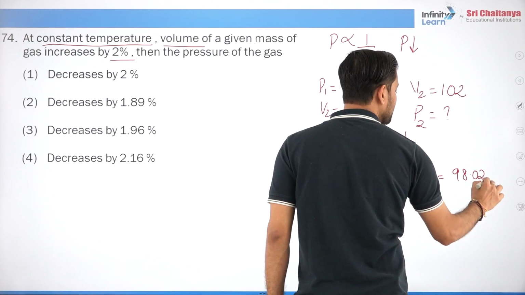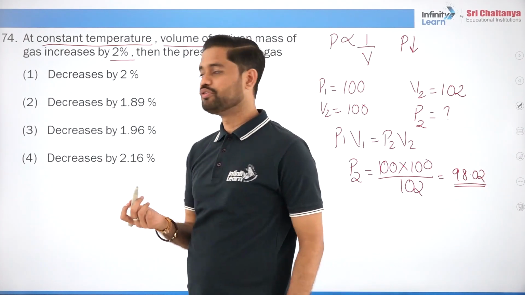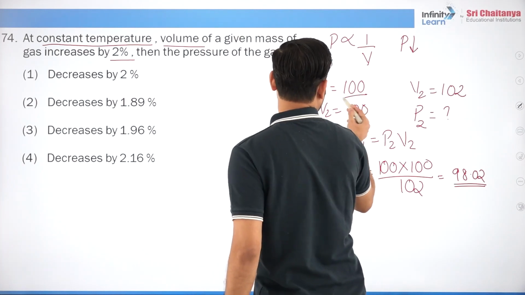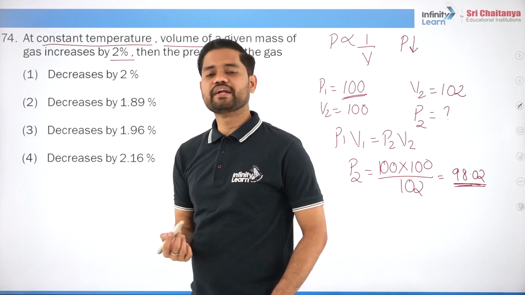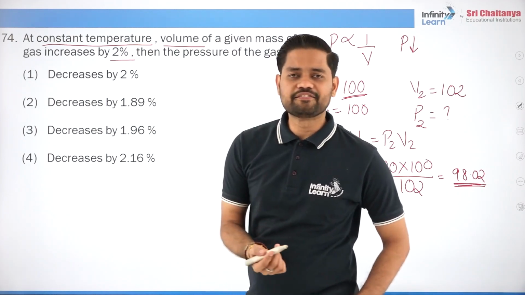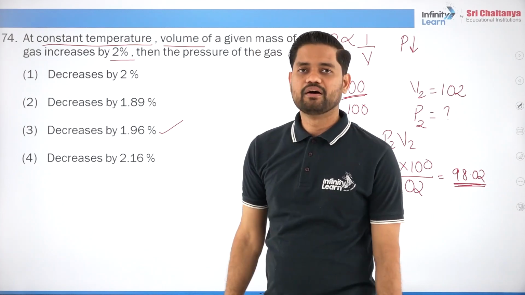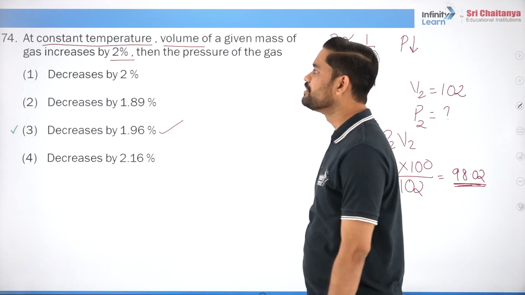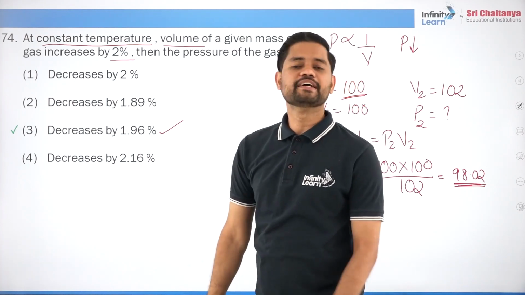So it was 100, it has dropped to 98.02, and if you take the difference, the value comes out to be 1.96. So for question number 74, the right answer is option number 3.